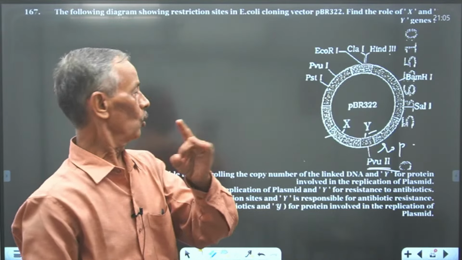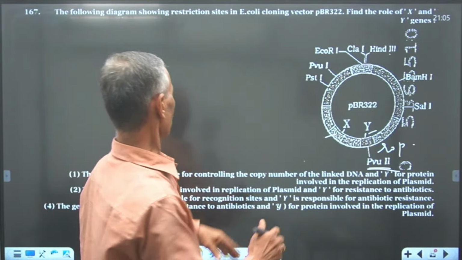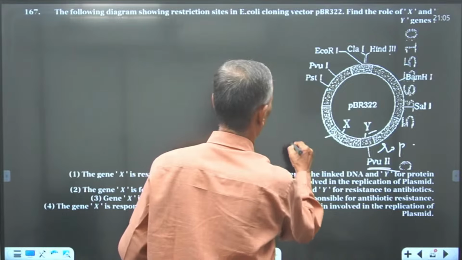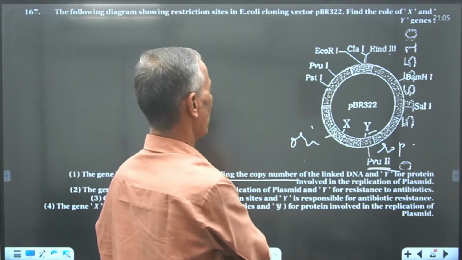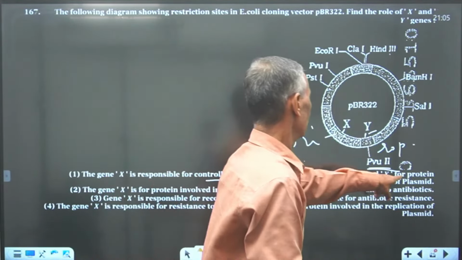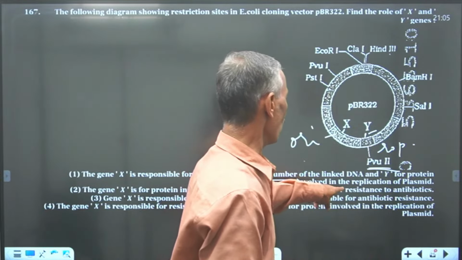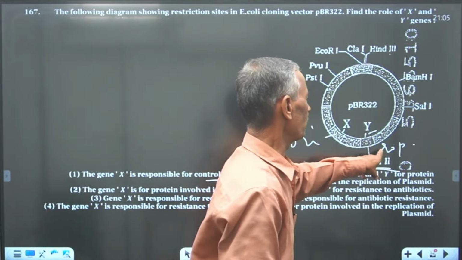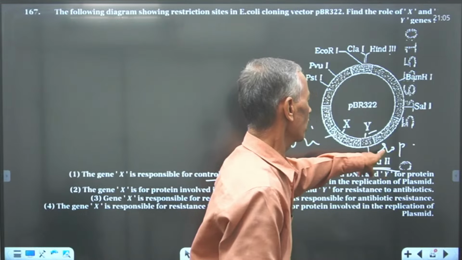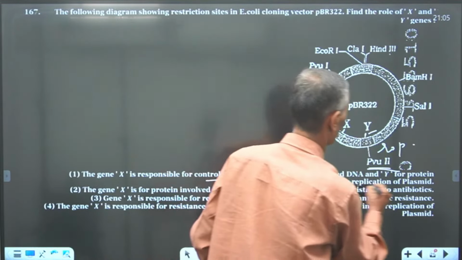Okay, so we are having controlling the copy number, ori, and Y for proteins involved in replication. Proteins for replication of that plasmid.